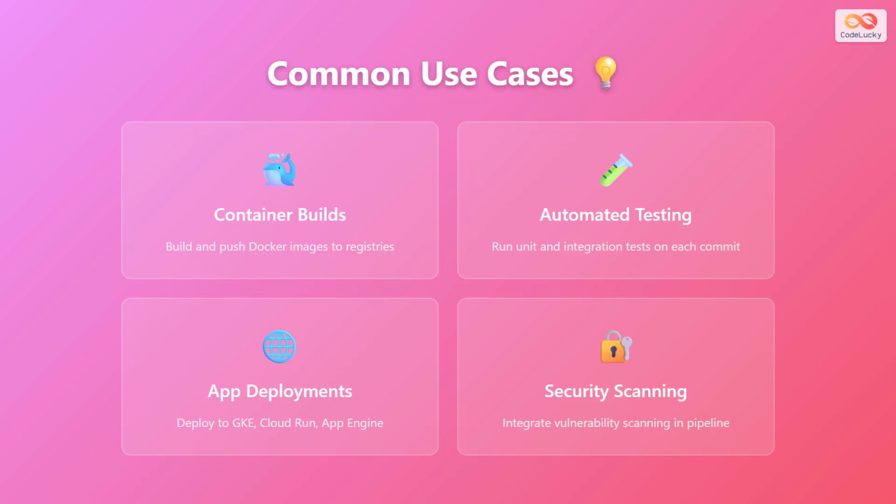Application deployments leverage Cloud Build to deploy applications to various Google Cloud services like Google Kubernetes Engine, Cloud Run, and App Engine, creating end-to-end continuous delivery pipelines. And security scanning can be integrated into your build pipeline, running vulnerability scans on container images or dependency checks to identify security issues before they reach production.